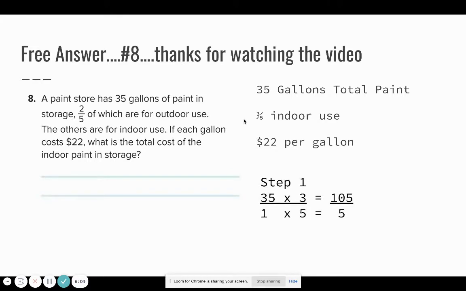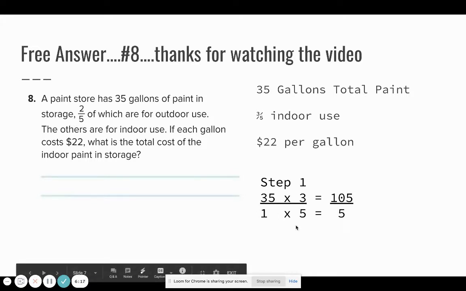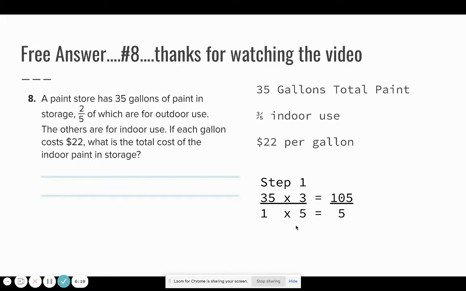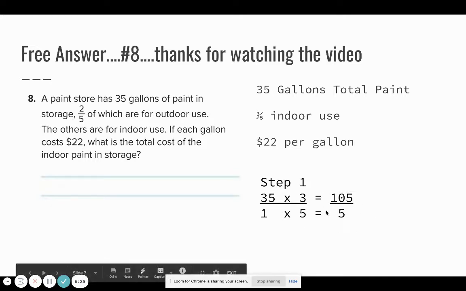All right, step 1, let's figure out how much paint we need. If we have 35 gallons and we're going to use 3/5 of it, I just multiply straight across. And I put a 1 under the 35. So it's 35 over 1 times 3/5. Now 35 times 3 is 105. 1 times 5 is 5. So I've got 105 over 5.